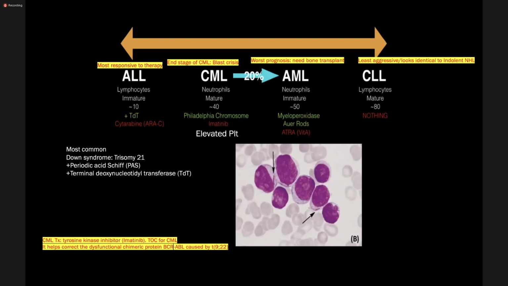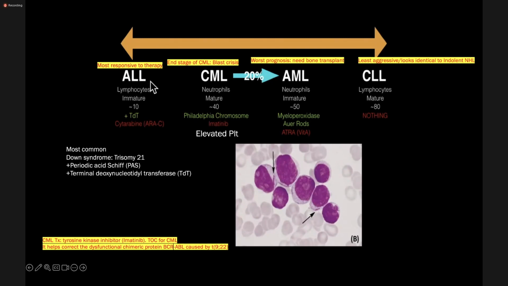So basically, the first thing you have to look for is this: if they tell you a patient is having a massive production of lymphocytes, their age is 10, and they have anemia, and they ask what kind of leukemia this is, your answer is going to be ALL.